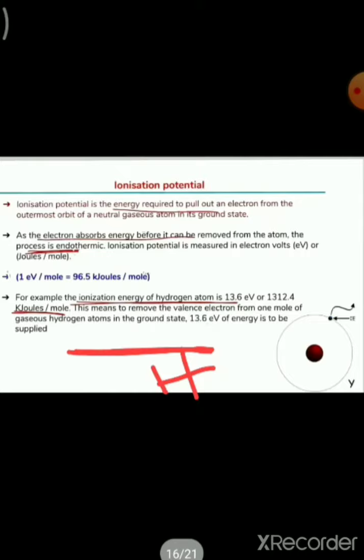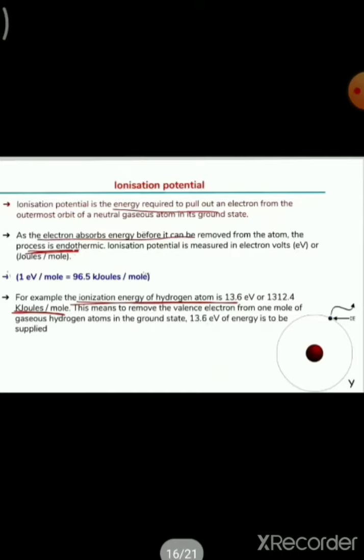So do you understand, students? To remove 1 electron from 1 mole of gaseous hydrogen atom, 13.6 electron volt of energy is required. So do you understand what is ionization potential?